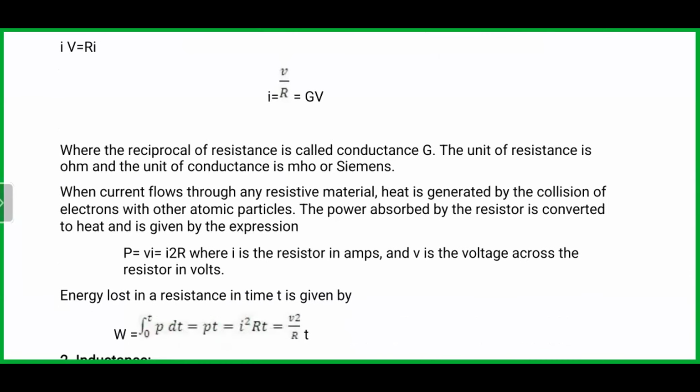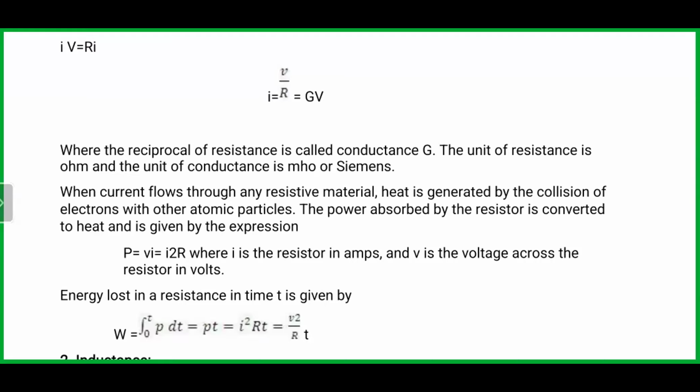So, power. Let me read here. The reciprocal of resistance is called conductance, which is represented by G. The unit for resistance is ohms, and the unit for conductance is mho, which is Siemens.